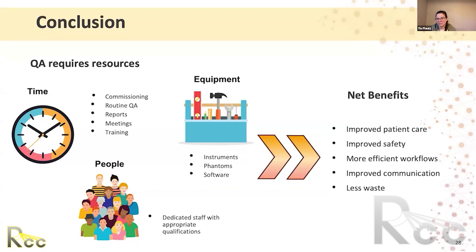We literally could be able to treat more patients. It improves the safety for our patients and our staff. And it results in less waste, since when you make fewer mistakes, that means that less work needs to be redone. So really, the small investment up front results in so much benefit for your clinic.